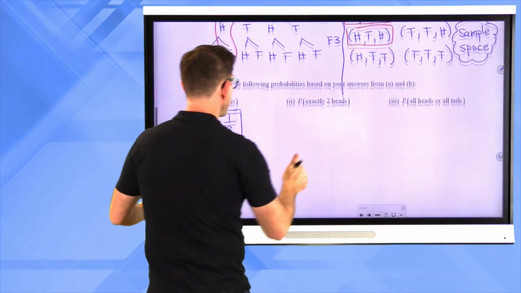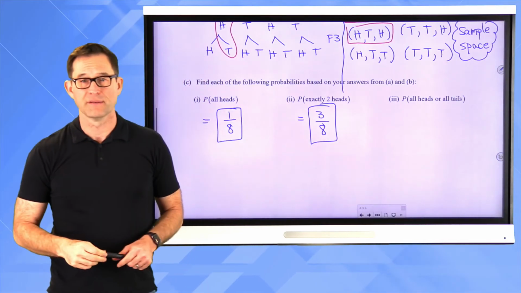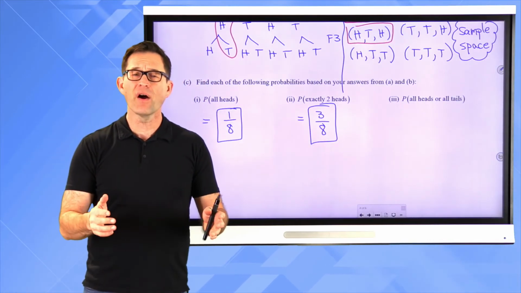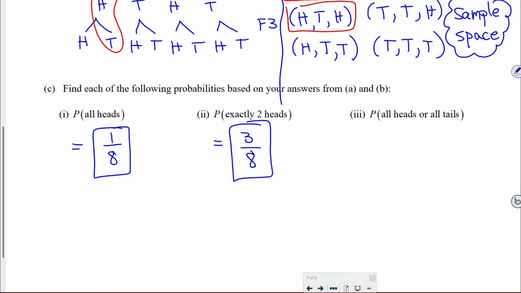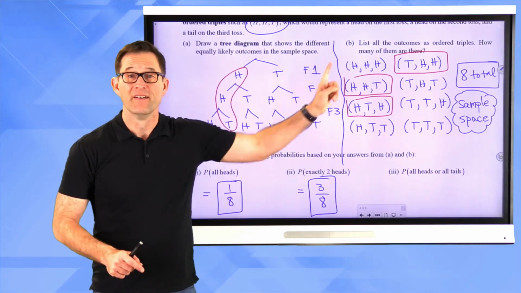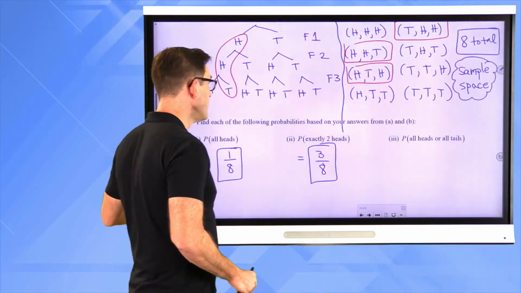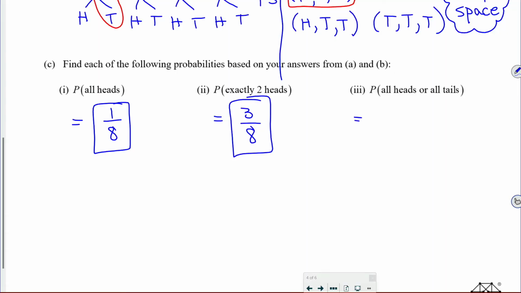So n of E is 3, n of S continues to be 8, so our probability is 3/8. And finally, number 3, the probability of all heads or all tails. There are 2 that fall into that, all heads and all tails. So the probability is 2/8.